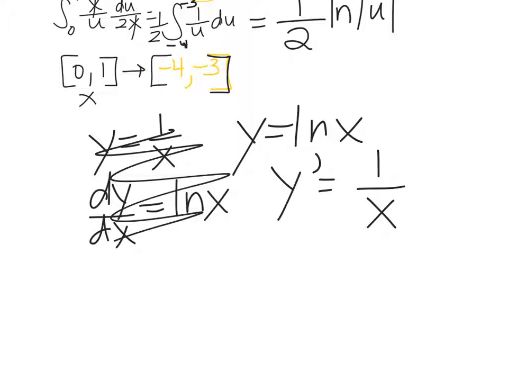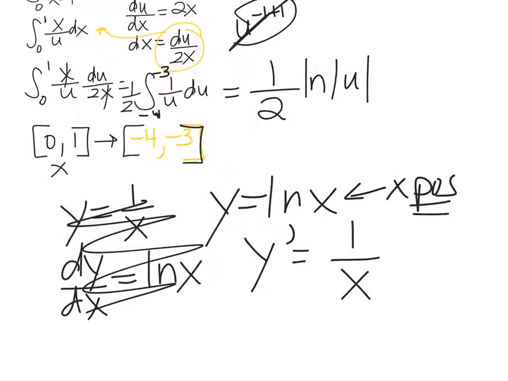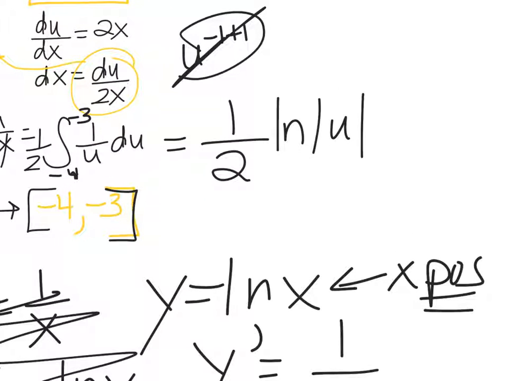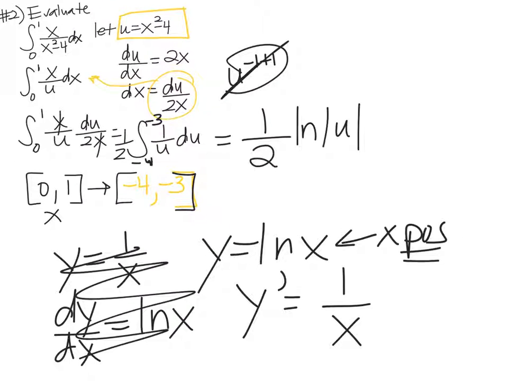What we're doing is finding the natural log of x. X has to be positive. Can you take the natural log of a negative number? No, you can't. So we have to make sure that we write it as the natural log of positive u. So when we evaluate this from -4 to -3, we're actually going to plug in +3 and +4.